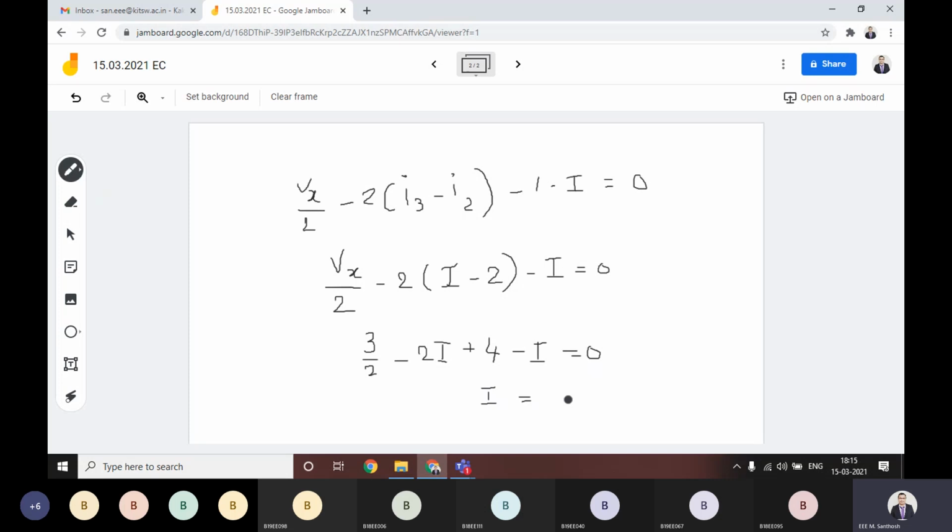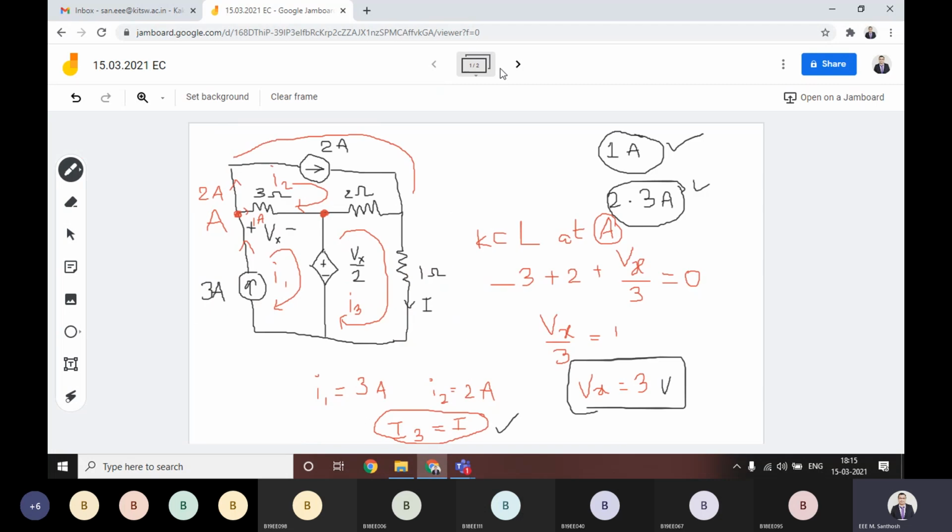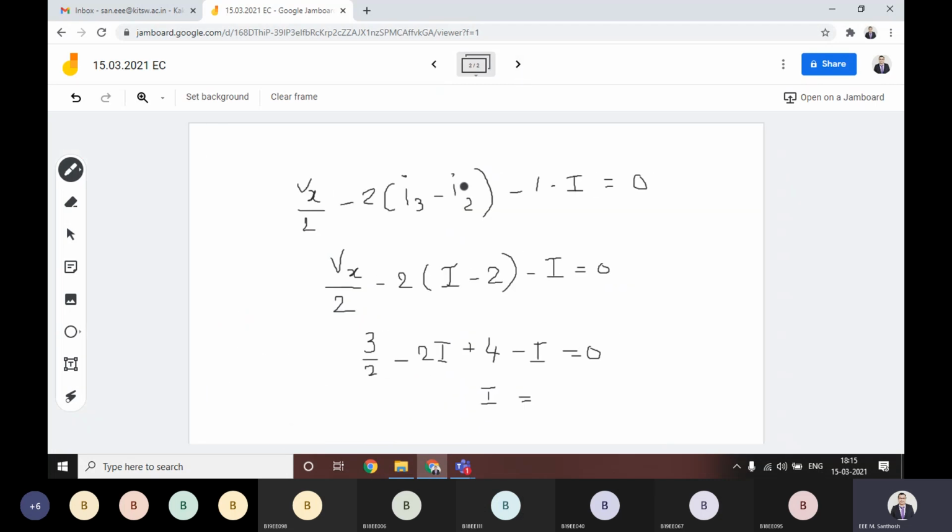You are getting 1 ampere, 2.3, or any different value? 1.83.